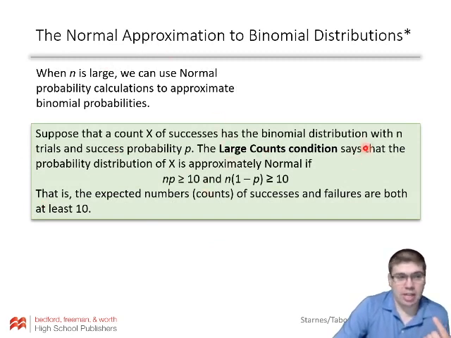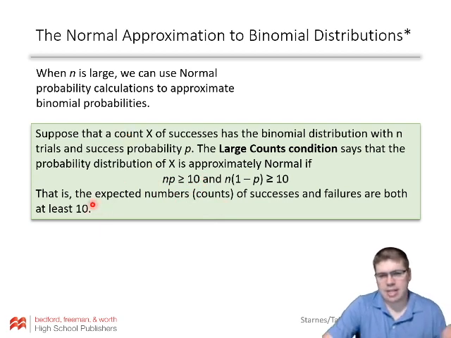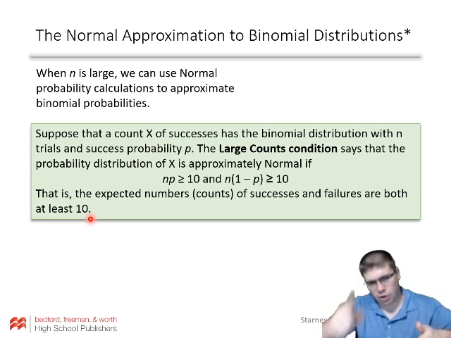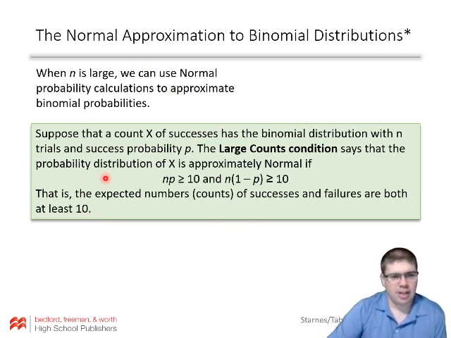We call it the large counts condition. The distribution of x is approximately normal as long as these two conditions are met. First, the number of trials times the probability of success, n times p, is at least 10. That's your mean, so we have to expect at least 10 successes and have room for some curvature below that.